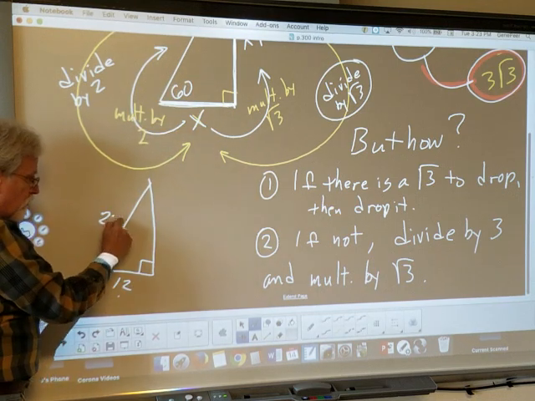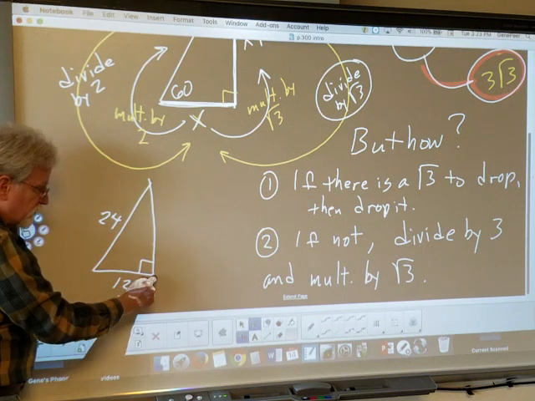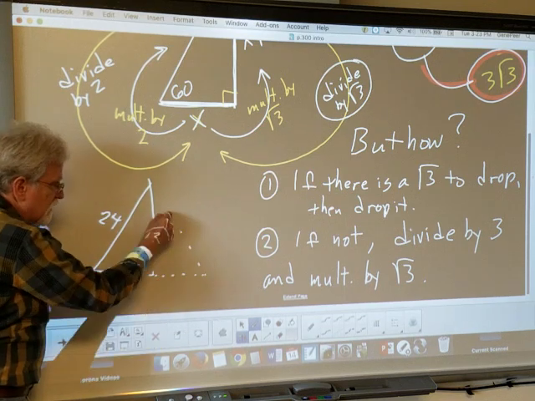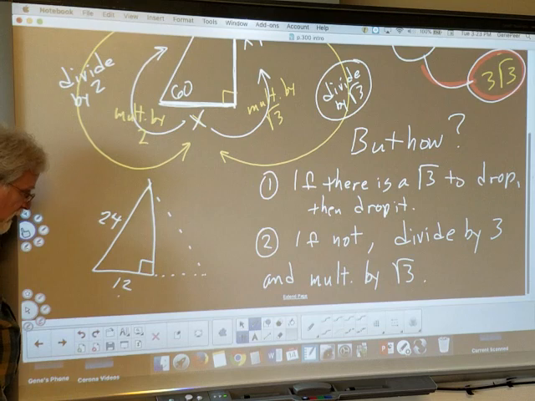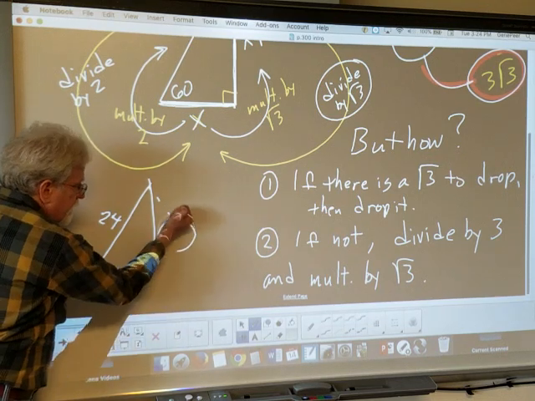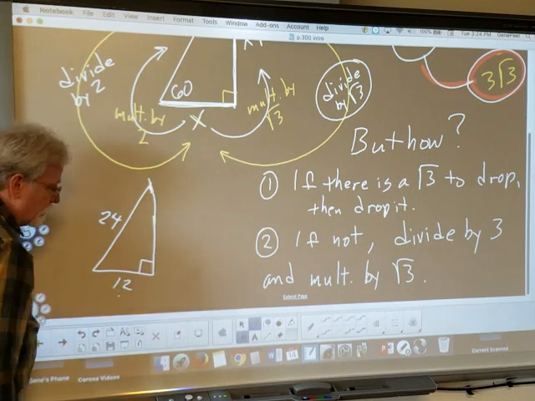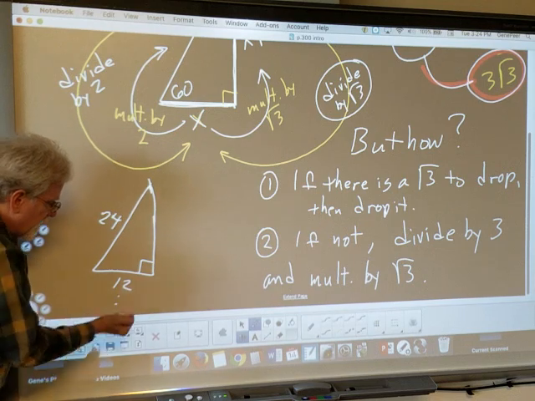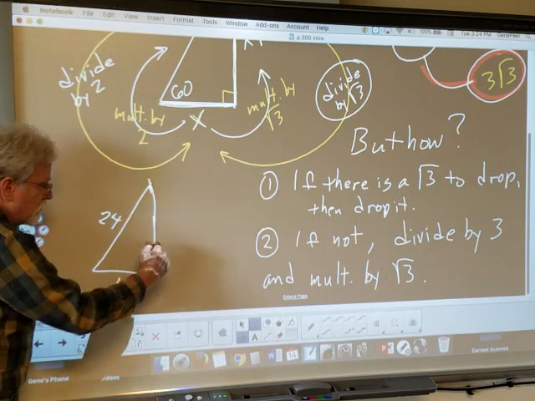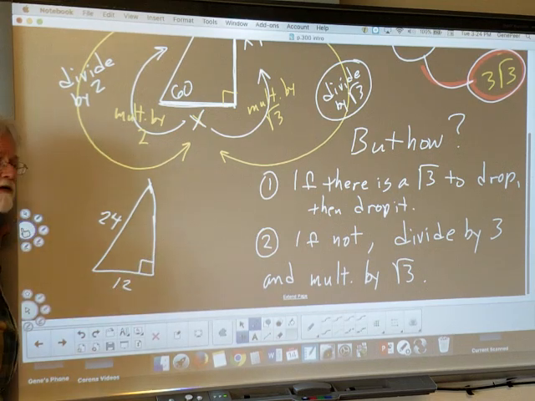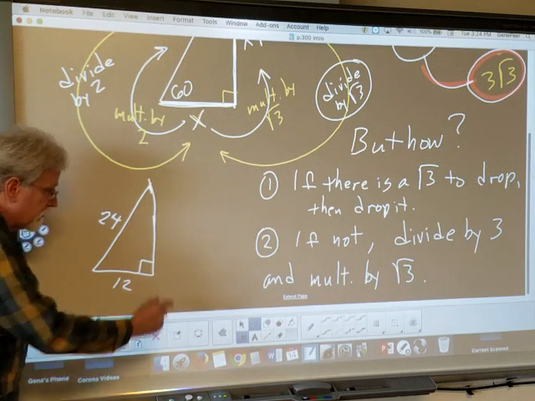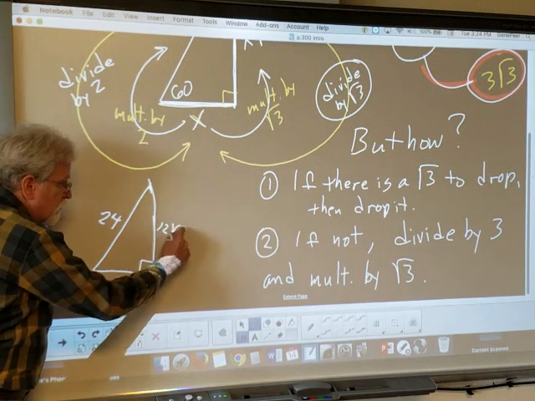Hypotenuse, 24. Why? Because this whole thing is nothing more than half of an equilateral triangle. That makes sense. Pretty easy to remember. But then how do you go from short leg to long leg? Stick a square root of 3 next to it. 12 square root of 3.